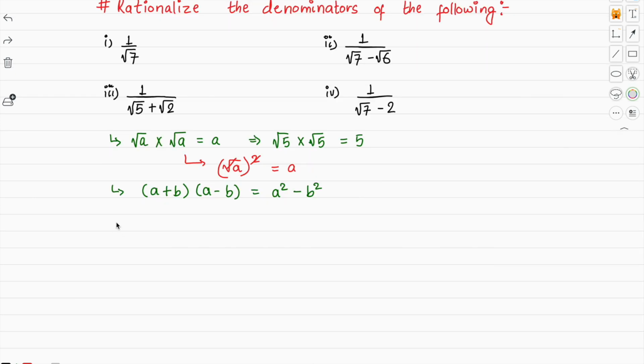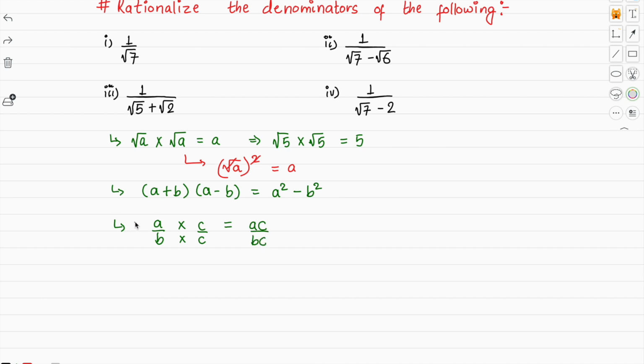Now the last thing that you need to know is something called equivalent fractions. I'm sure you already know this, but still let's review it a little bit. So if you have something like a divided by b, and if you multiply both the numerator and the denominator by a same particular number, like let's say c for now, then we would get something like ac divided by bc.